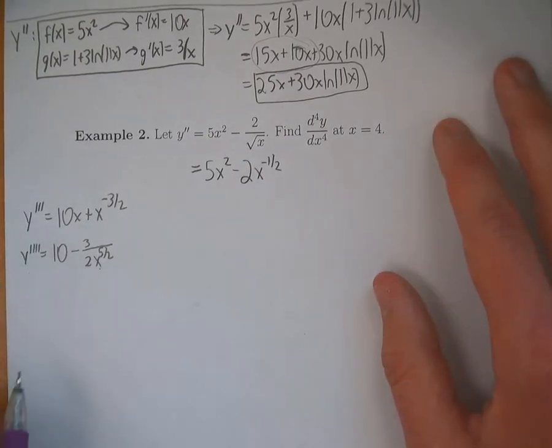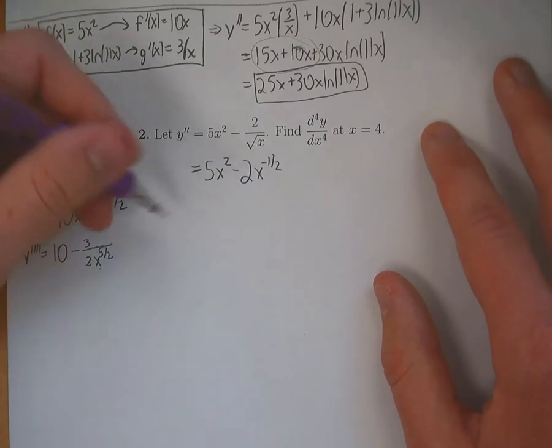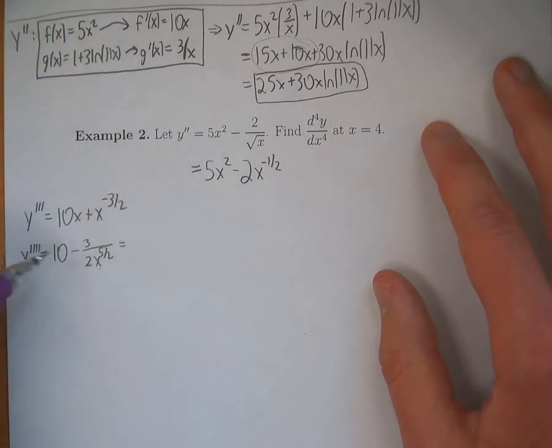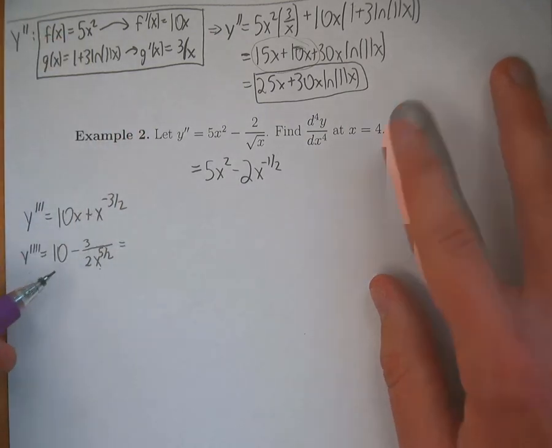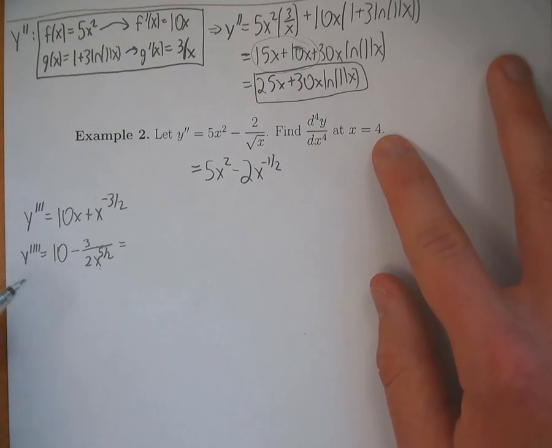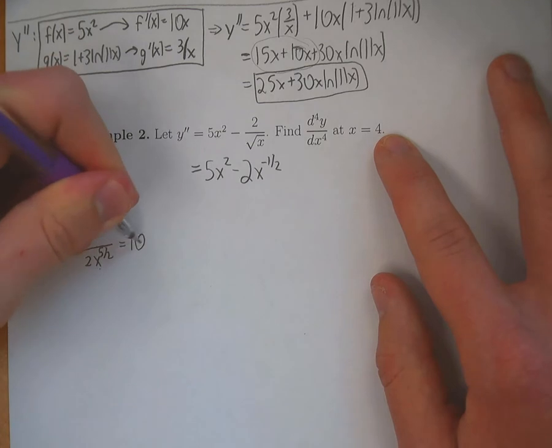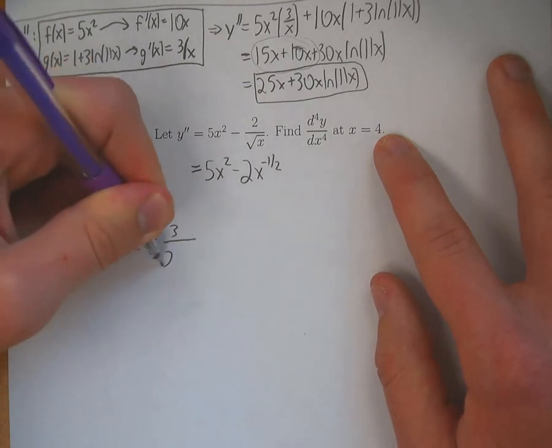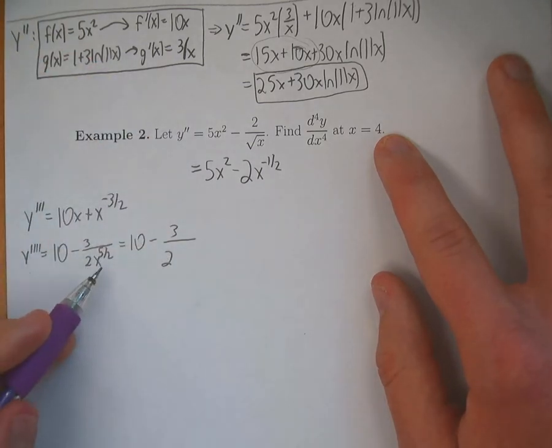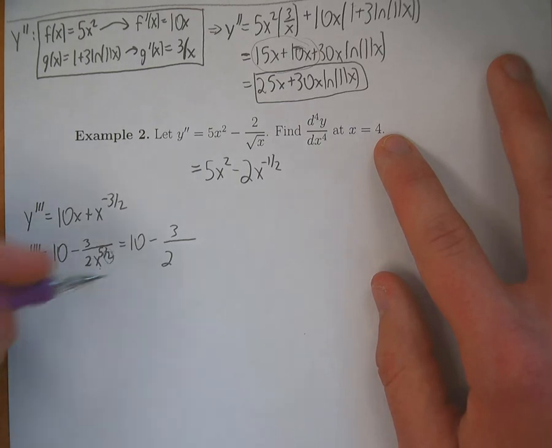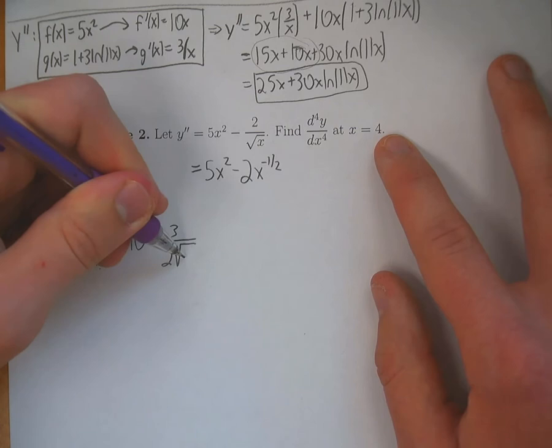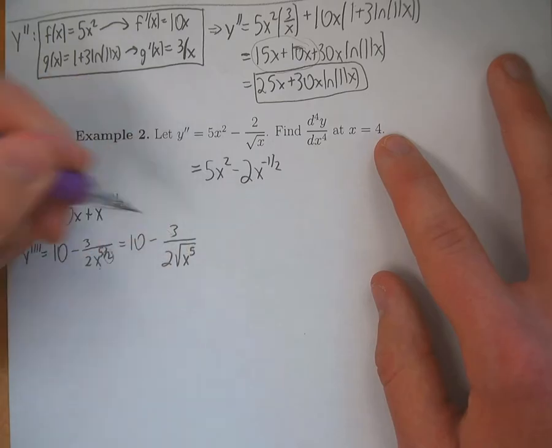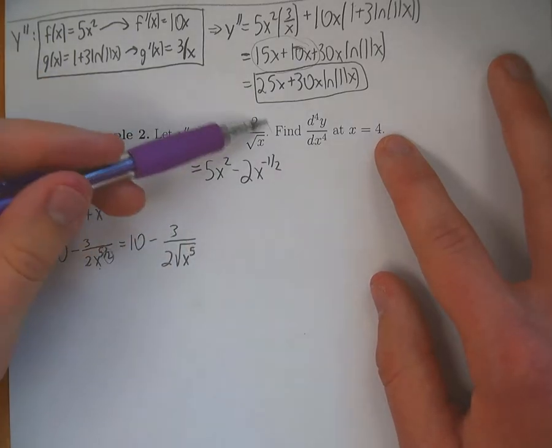So that will be your fourth derivative. In this case, we're going to rewrite this a little bit differently because we have to figure out what our fourth derivative at x equals 4 is. So we have 10 minus 3 over 2 times, well, x to the 5 halves is the same thing as saying, we have a 1/2 down here, so that tells us we have the square root of x to the 5th, using similar reasoning from up here.